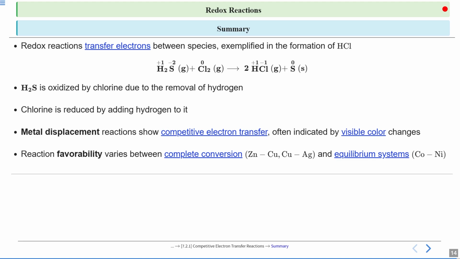There are also many other factors, and among them the most important one is the standard reduction potential, which we will be studying in the upcoming lectures: what the standard reduction potential is, and how it plays a major role between the reacting species in determining the extent of reaction.